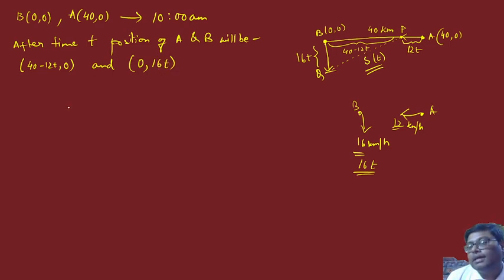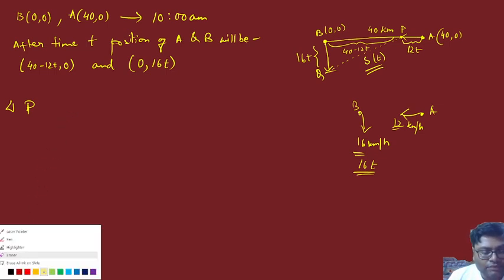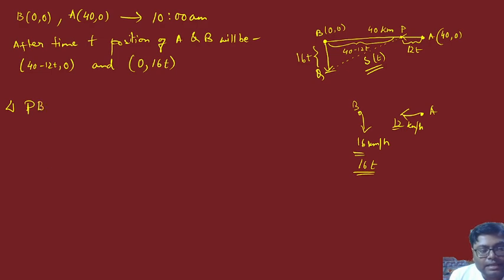Okay, now if I take triangle PBQ, so what we get from that triangle at that moment of time, PBQ, it's a right angle triangle.